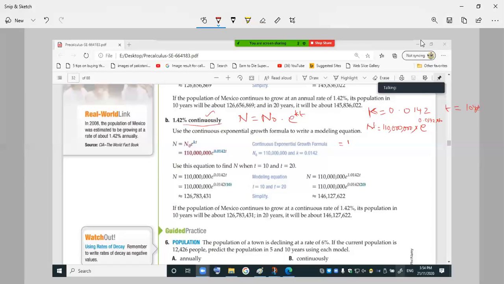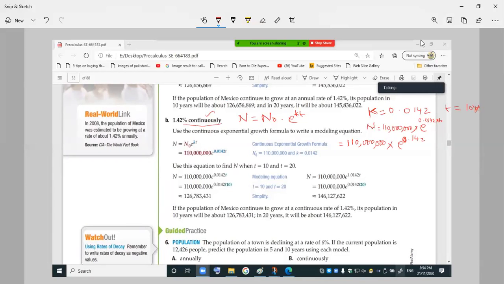So it is more visible here. We can say that this will be equal to N0 times e raised to power, then multiply by 10. This decimal will move one place. So this will become 0.142, e raised to power 0.142.